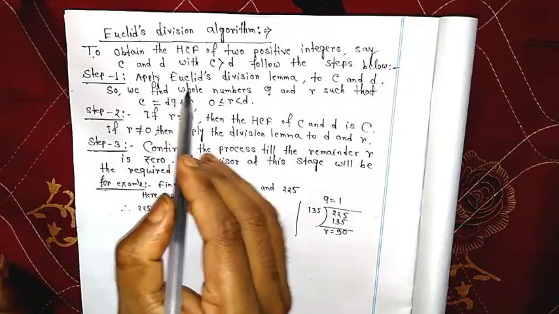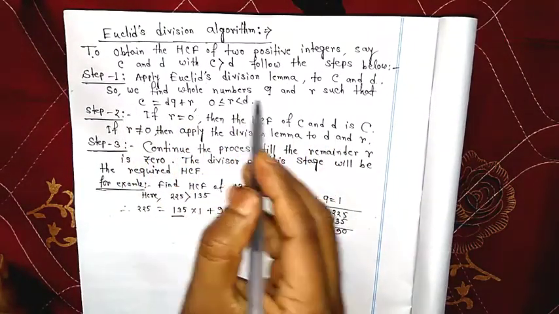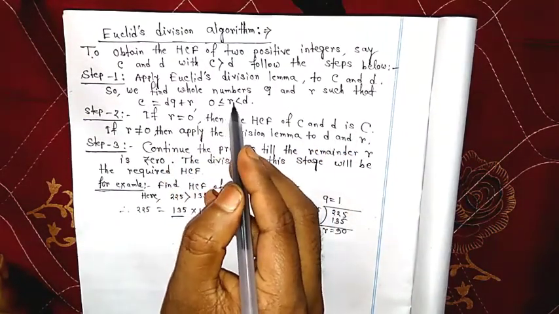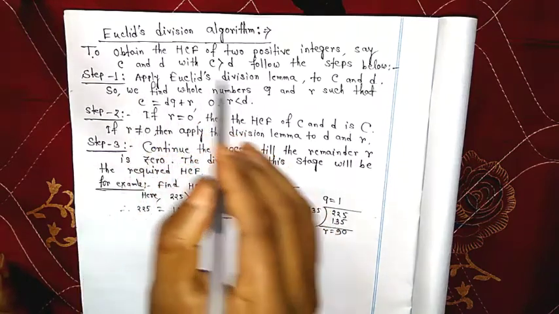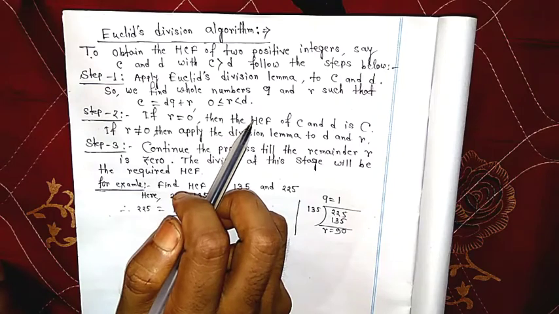Step 1: apply Euclid division lemma to c and d to find whole numbers q and r such that c equal to dq plus r, 0 less than or equal to r less than d. So first we apply Euclid division lemma that we already discussed.